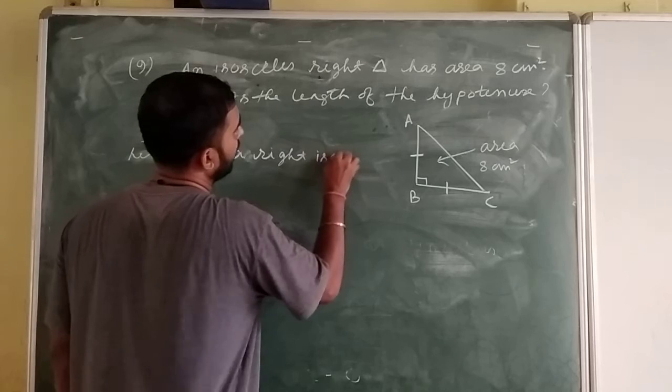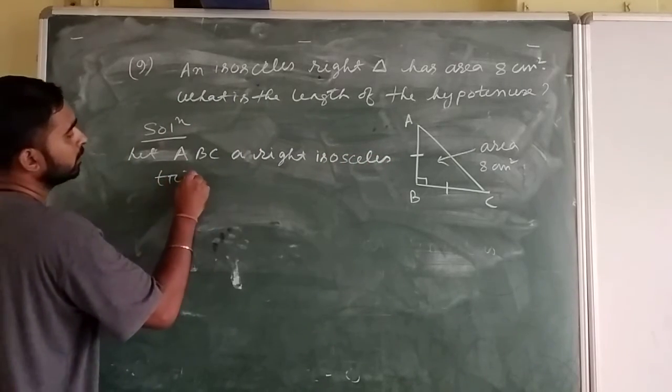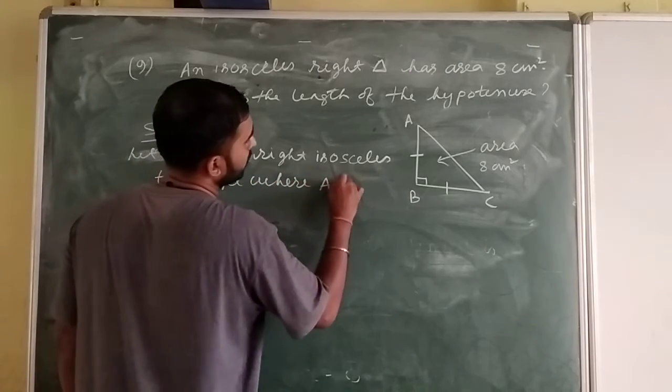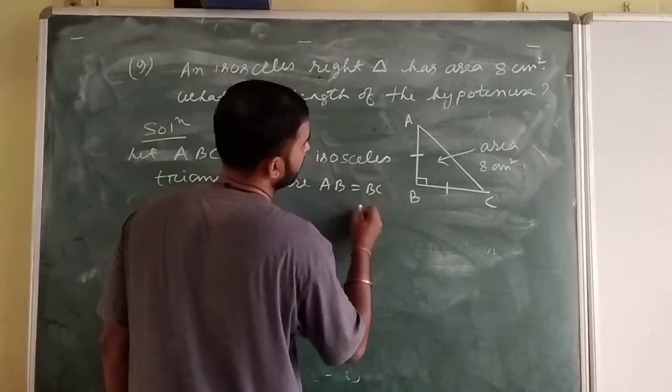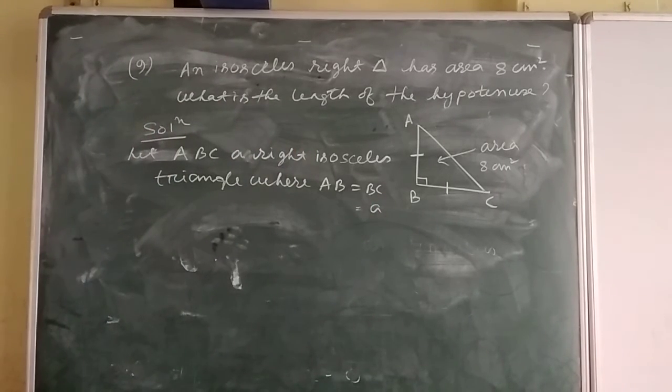Suppose we consider AB equal to BC equal to a.